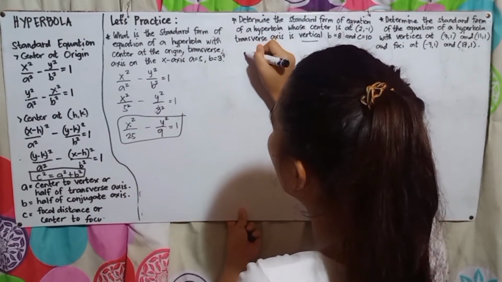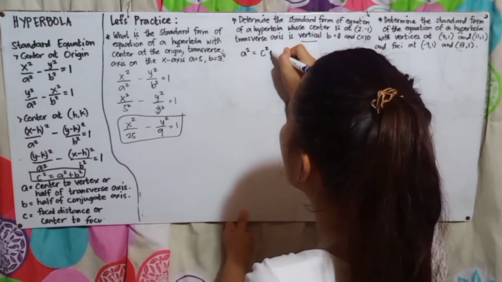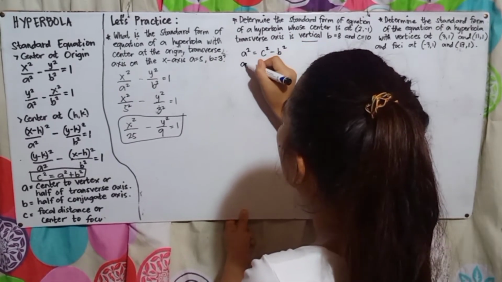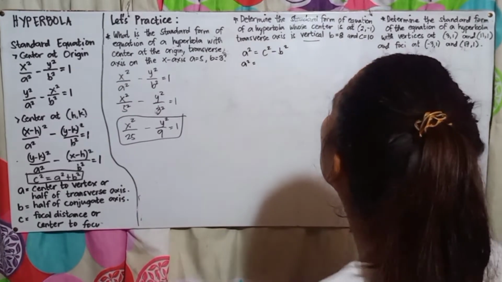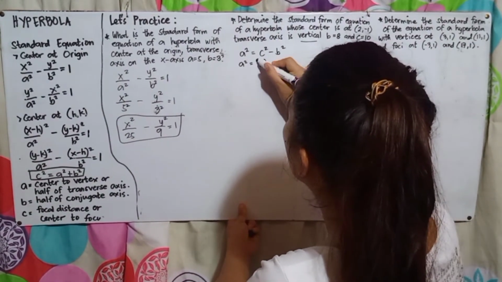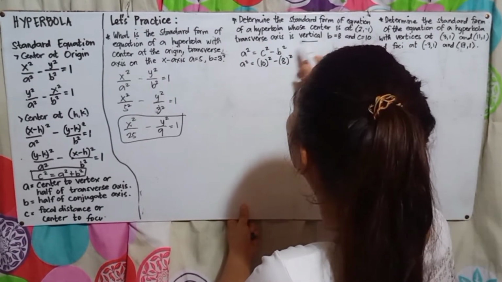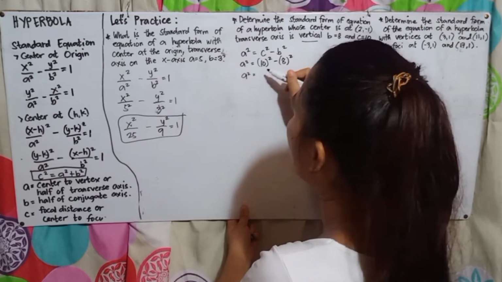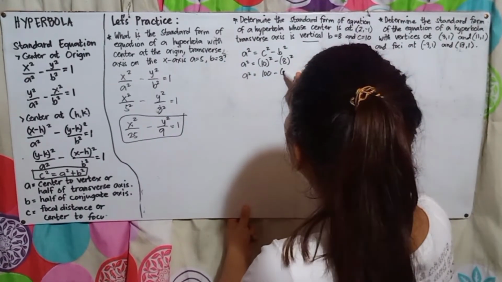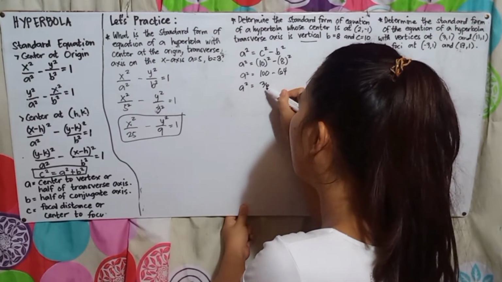So, i-derive natin ang formula ng A squared. So, magiging C squared minus B squared. So, A squared equals C is 10, B is 8. So, 10 times 10 is 100, 8 times 8 is 64. So, minus gives 36.